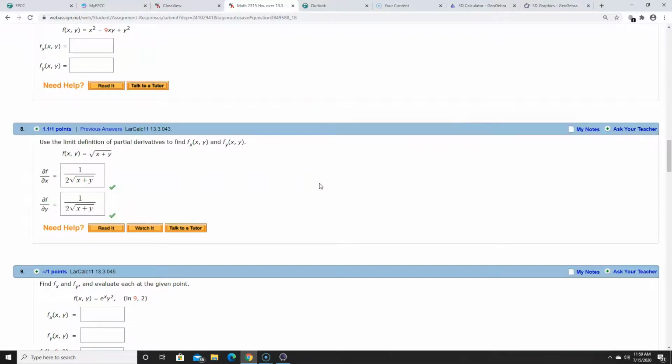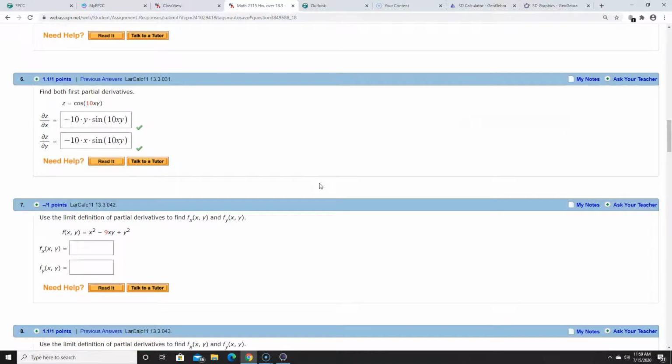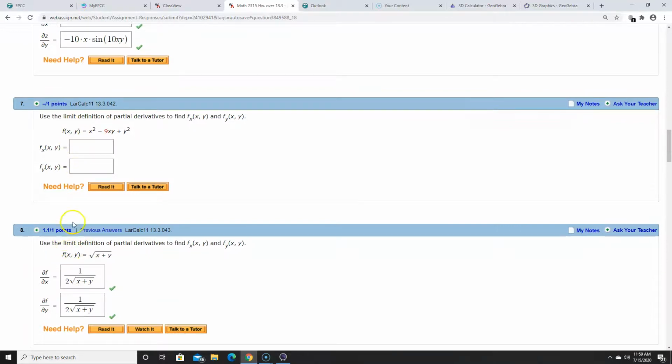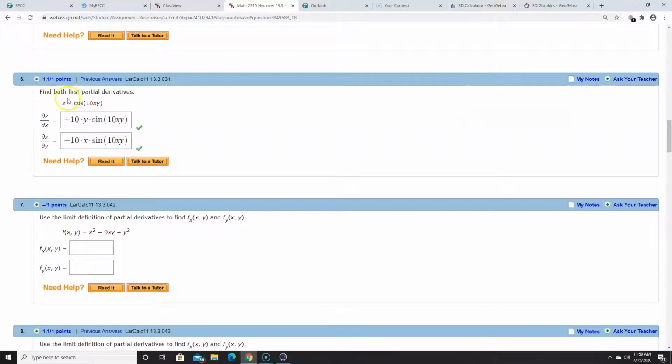Next, I would like to help you with number 6. z equal to cosine of 10x times y inside. This could be written as f of x y like you've been seeing, like down here in number 8, but they just decided to write it in another way, which is fine. And they used the third dimension mapping range value or variable, which is a z.